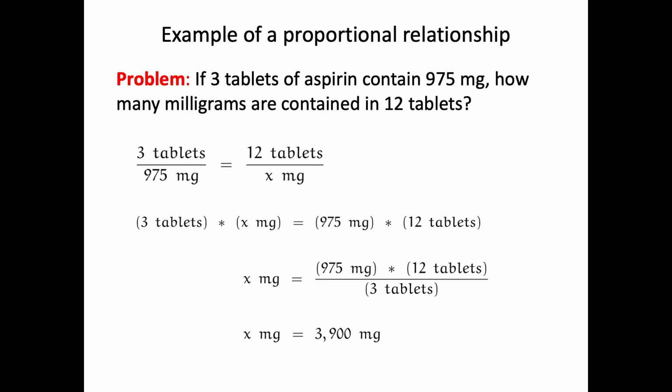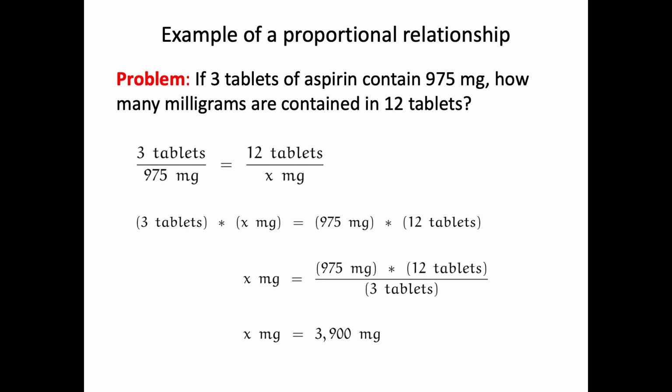So let's set this up as a proportion. The first ratio that we know is that for every 3 tablets, and I'm going to set that on top, over 975 milligrams. So 3 tablets over 975 milligrams, that's my first ratio. Let's set that equal to set up a proportion. And in this case, look at the units.